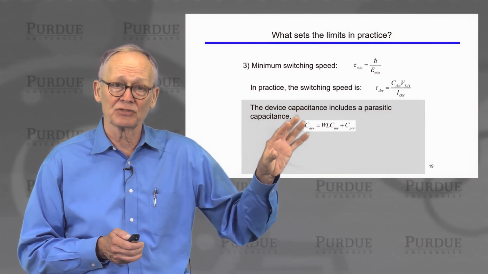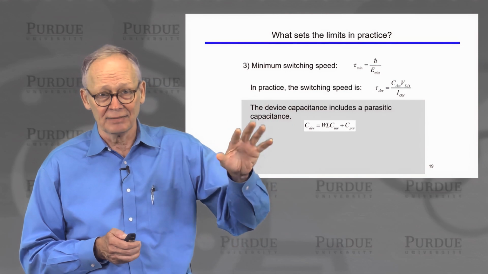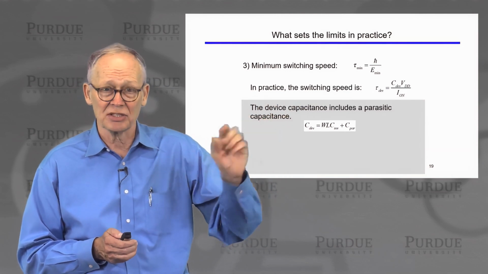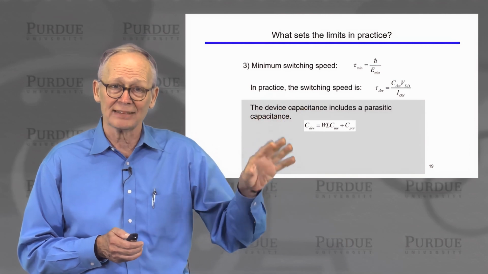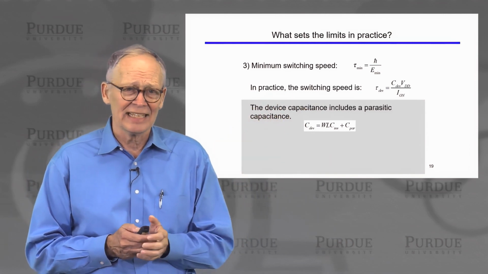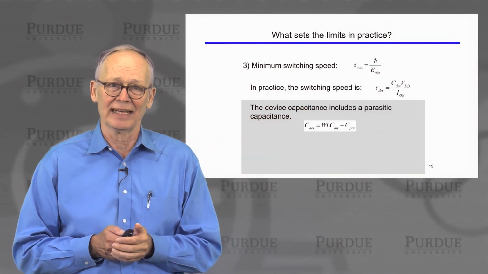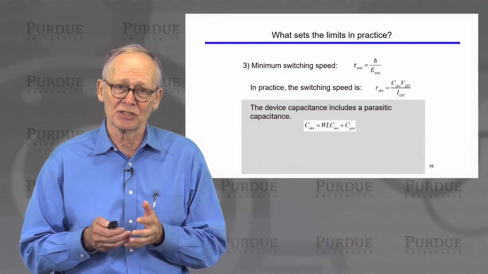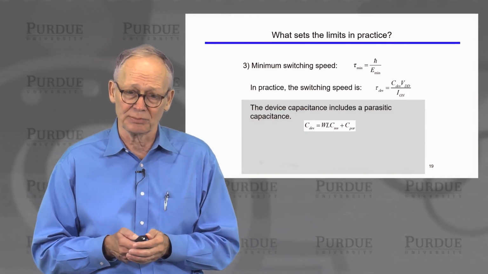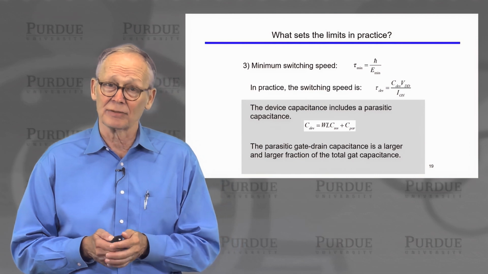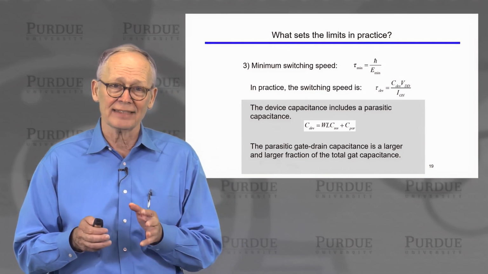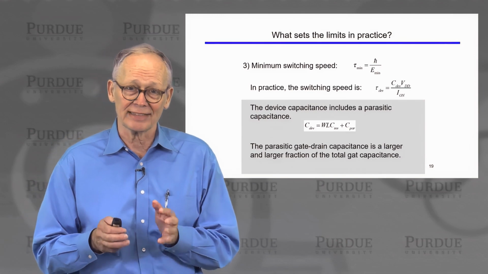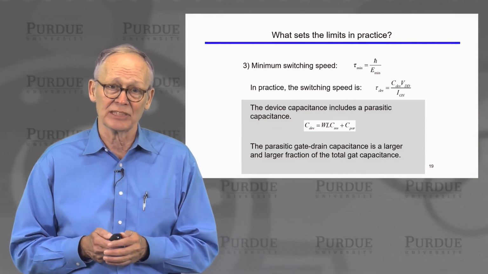Now the fringing fields from the gate electrode can fringe out and touch the metal drain electrode. There will be a capacitance between the gate and the drain, and it's very difficult to make that small. It's becoming a larger and larger fraction of the total capacitance. So that's a very important practical factor, the increasing importance of parasitics as we scale the device dimensions down.